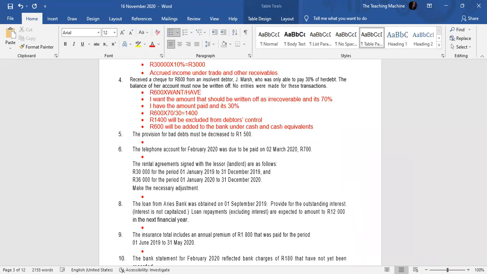Okay, and then another question is, why trade receivables and not trade payables? As we trade, as we sell, we are expecting to receive something in return. So trade receivables, in other words, sell and receive. So we sold goods to this debtor, and now this debtor is unable to pay.